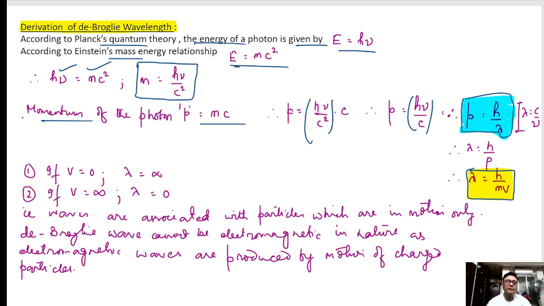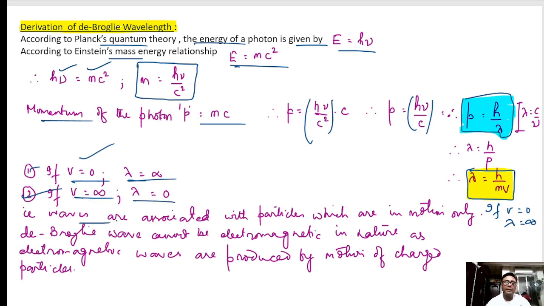So from here we can see that if the velocity of the particle is 0, the wavelength comes out infinite according to this formula. If v equals 0, lambda equals infinite. Similarly, if v is infinite, wavelength comes out 0.